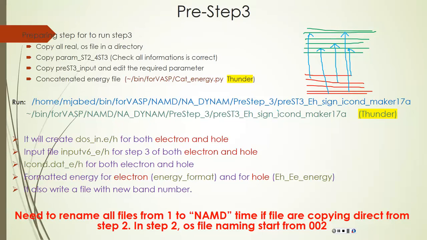It doesn't matter. If you want to look at the orbital band number, there is another file that gives you information about which is the old number and the new number. It will help you figure it out.